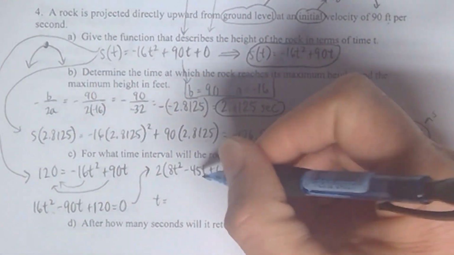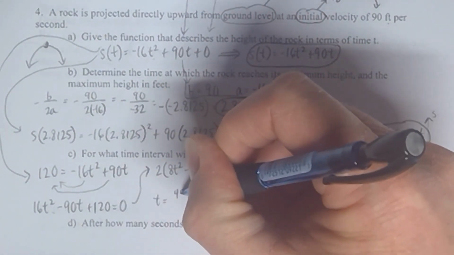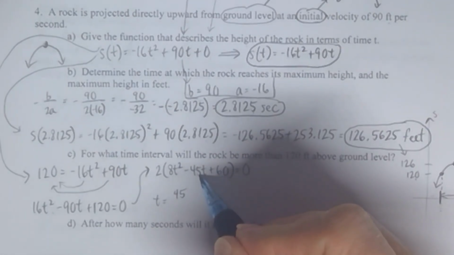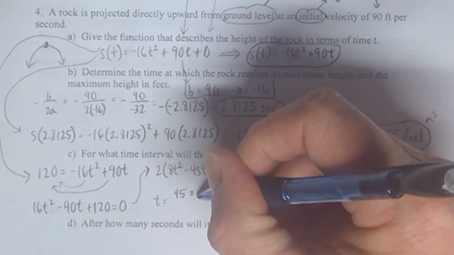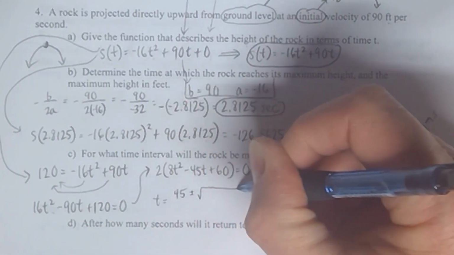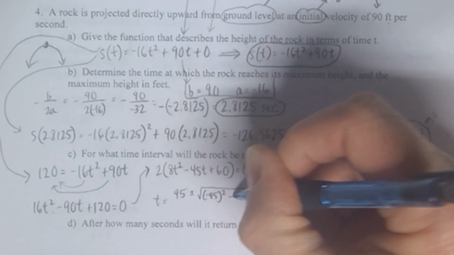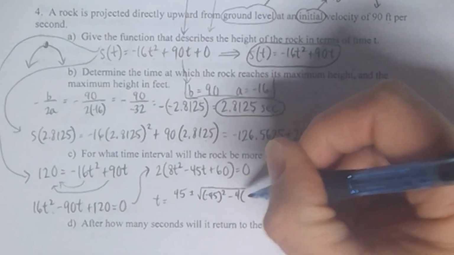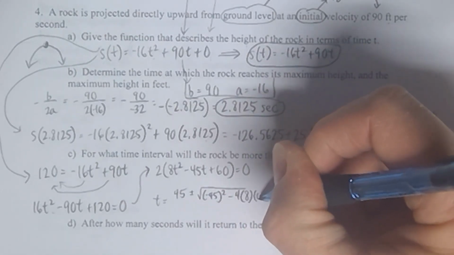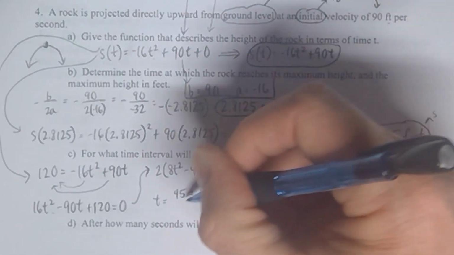So what do we get for the quadratic formula? Got to change the sign of the middle coefficient there. Plus or minus, again, this is from section 1.4 if you want to review it. Numbers get kind of big here, but that's why we have calculators.